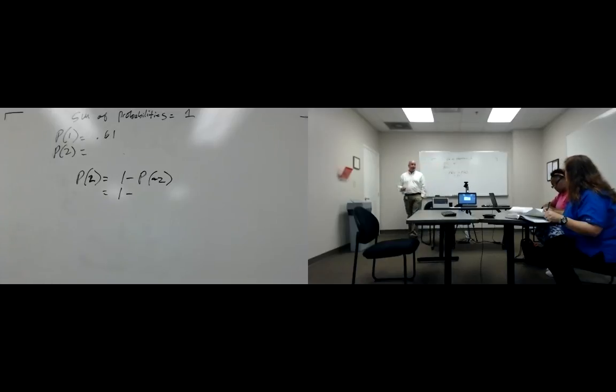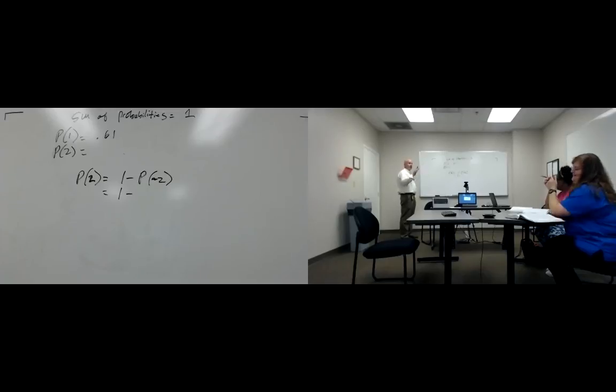Now, what's the probability that outcome 2 will not occur? This is so easy.